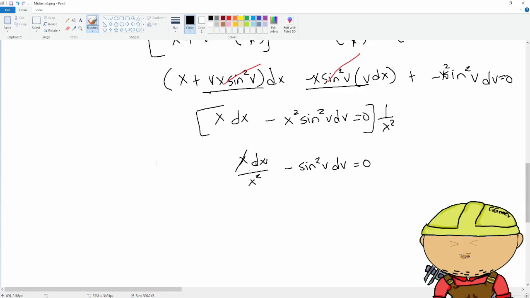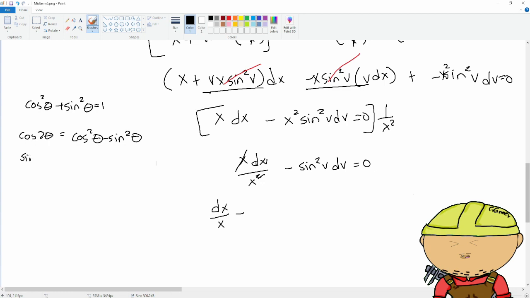Cancel the square: dx over x. In order to integrate sine square v, we apply the half angle identity. Cosine square theta plus sine square theta is equal to 1. Cosine 2 theta is equal to cosine square theta minus sine square theta.